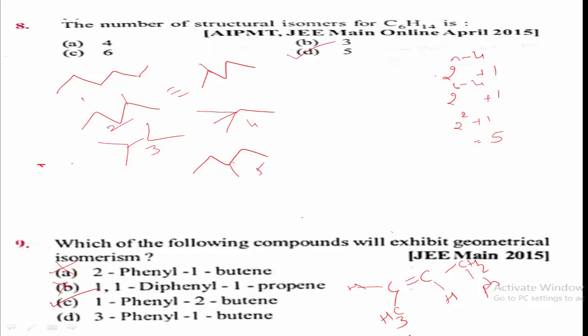Right? Yes, here 2 alkyl groups. CH2 phenyl is also one of the alkyl groups present in opposite direction, therefore it is trans form. If you change the position, it becomes trans form. Therefore option C shows the geometrical isomerism, 1-phenyl 2-butene or 1-phenyl but-2-ene.